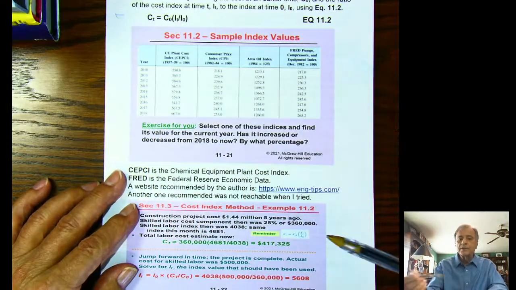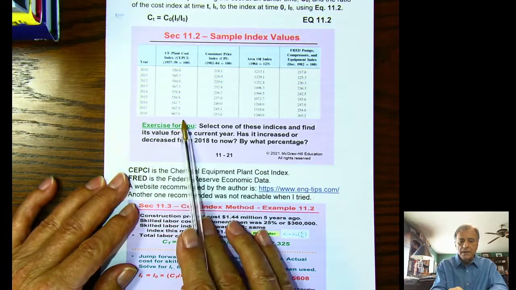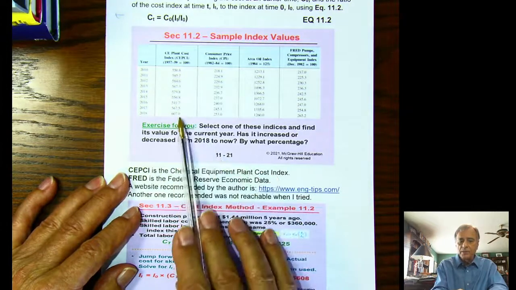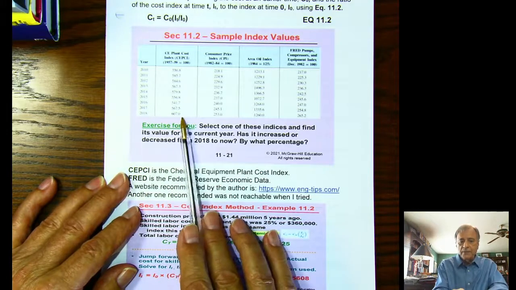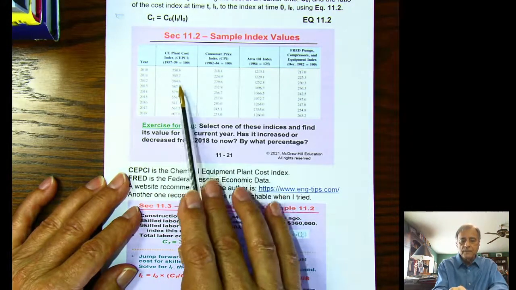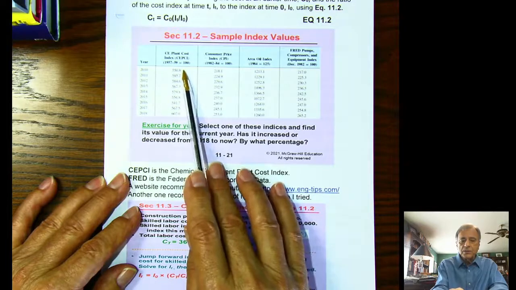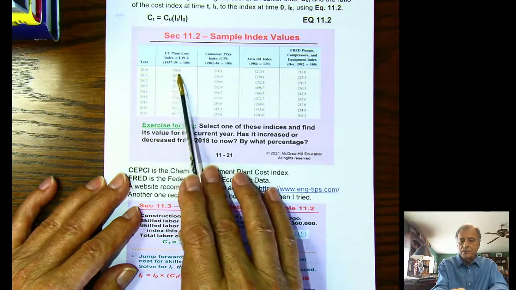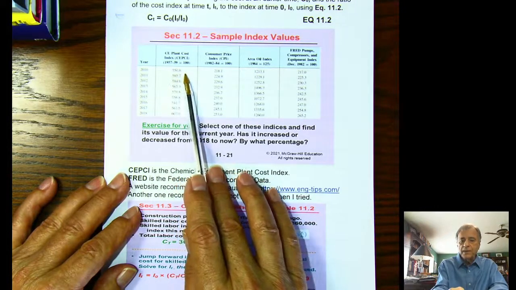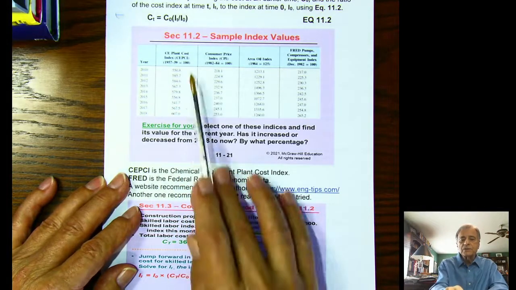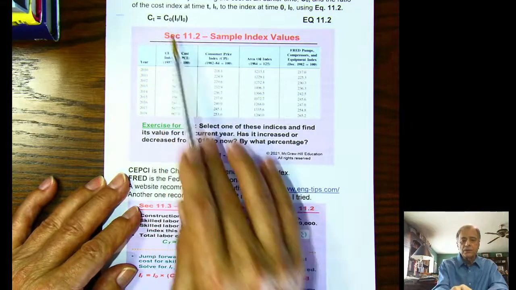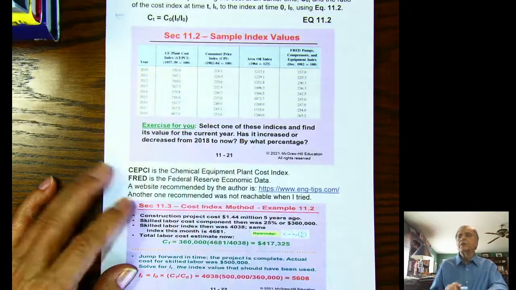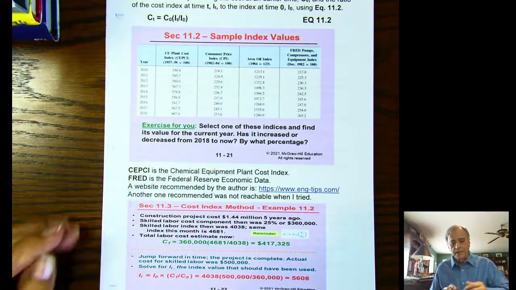So if I wanted to know what the cost, say, of chemical plant equipment would be in 2018, I would take this 607. If I knew what the cost was in 2010, which is 550.8, and I take that ratio of the cost indexes multiplied by the known cost back in 2010, that would give me the cost in 2018.